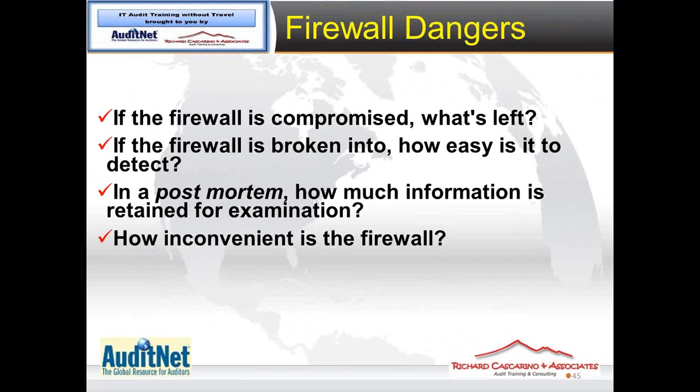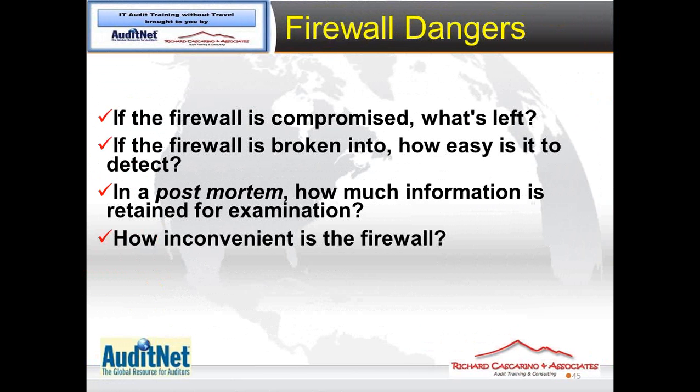Dangers of firewalls: if the firewall for any reason is compromised, what's left? Do you have anything else? If it's broken into, how easy is it to detect? Is anything else monitoring the firewall other than the firewall itself?